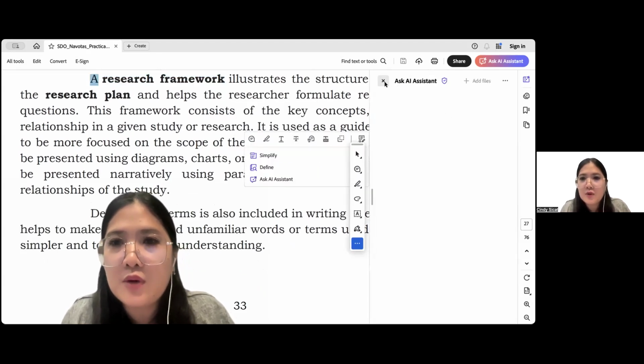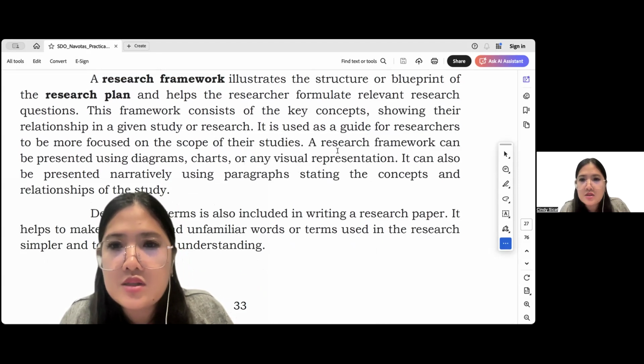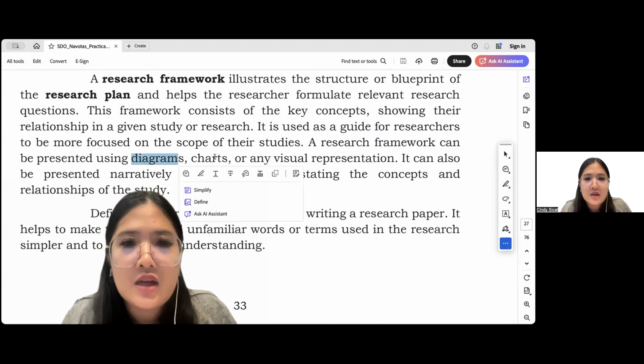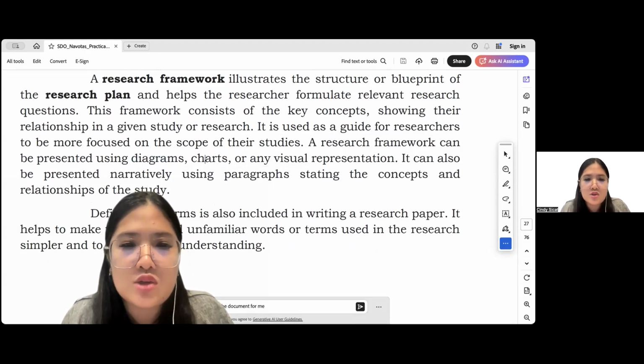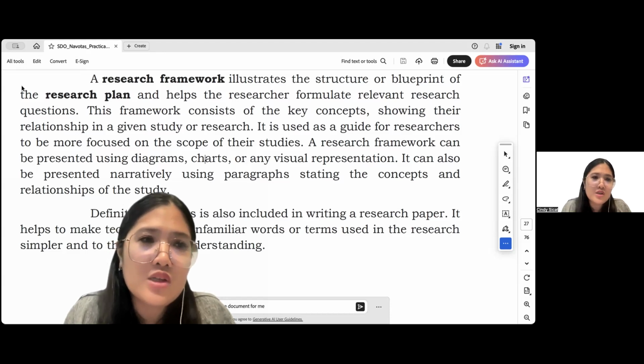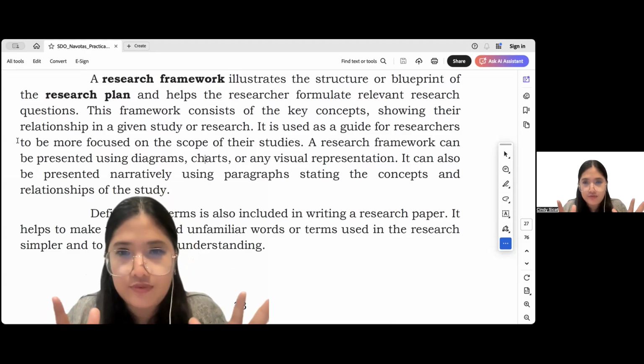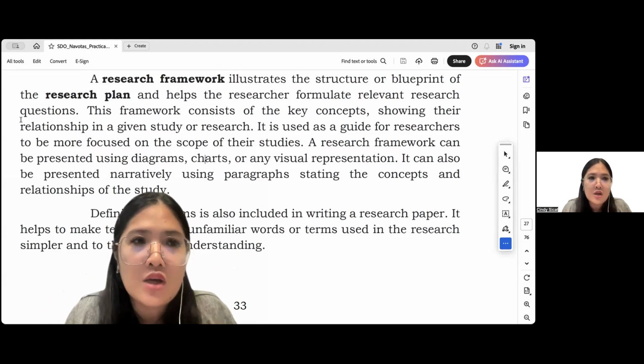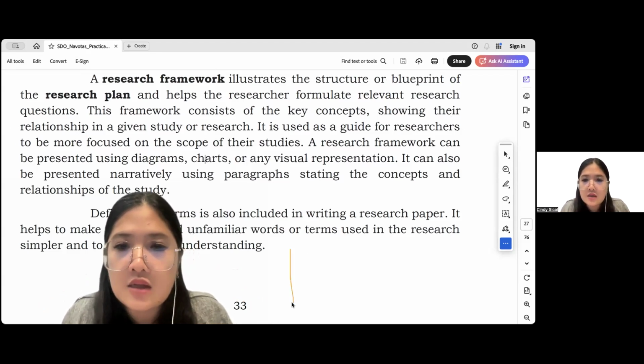Moving forward, we are also considering the research framework as something that can be presented using diagrams, charts, or any other visual representation. So we're not just fixed with a particular diagram. We could explore other things, but of course, we have to consider and consult our advisor.